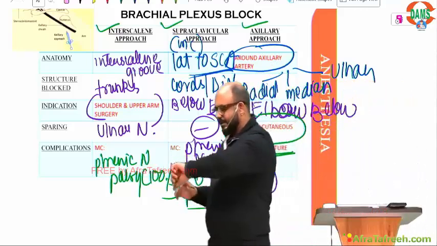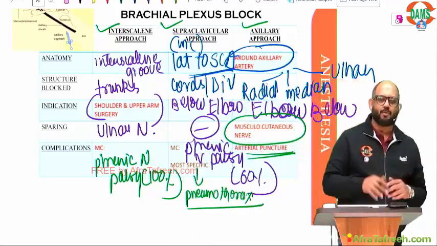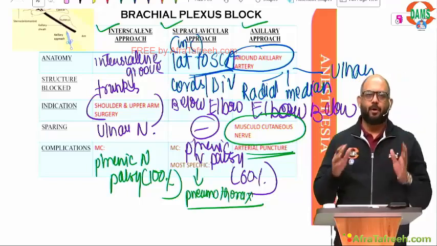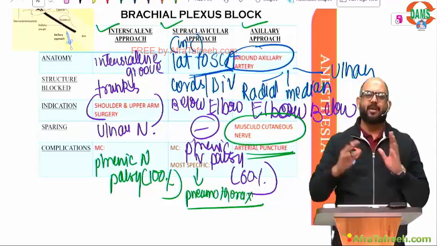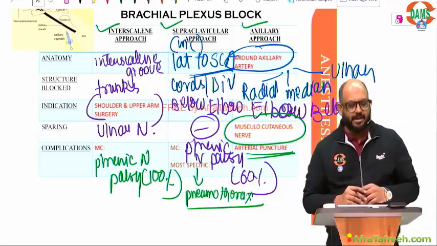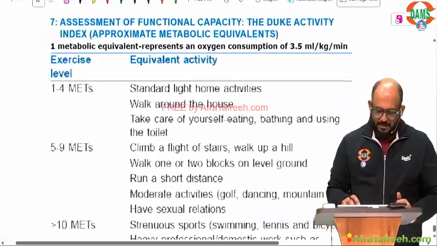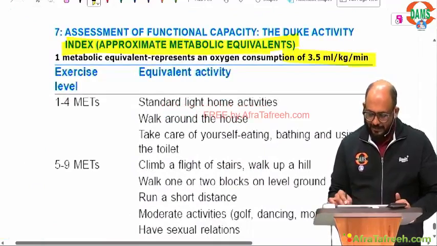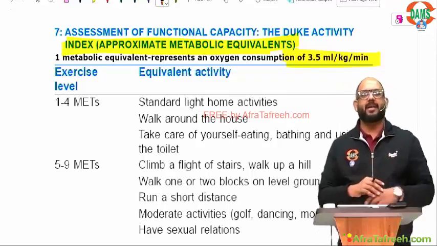Now the last slide that remains is about the MET score, that is the metabolic equivalent, which is used for diagnosing whether the patient's cardiorespiratory status is adequate or not. For assessment of functional activity, we consider one metabolic equivalent as the baseline, that is 3.5 ml per kg per minute.